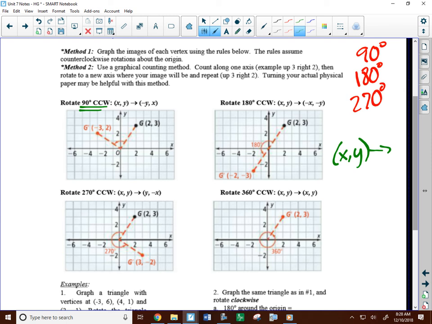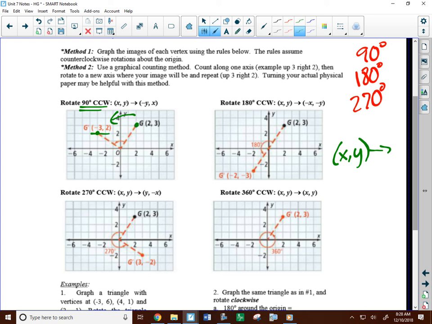So let's look at it here on this grid before we look at the rule. So 2, 3 is the point we're going to use for all of these, just to illustrate this. The final point for G prime would be over here. So they rotated it 90 degrees counterclockwise. This point was 2, 3. The final point is negative 3, 2.